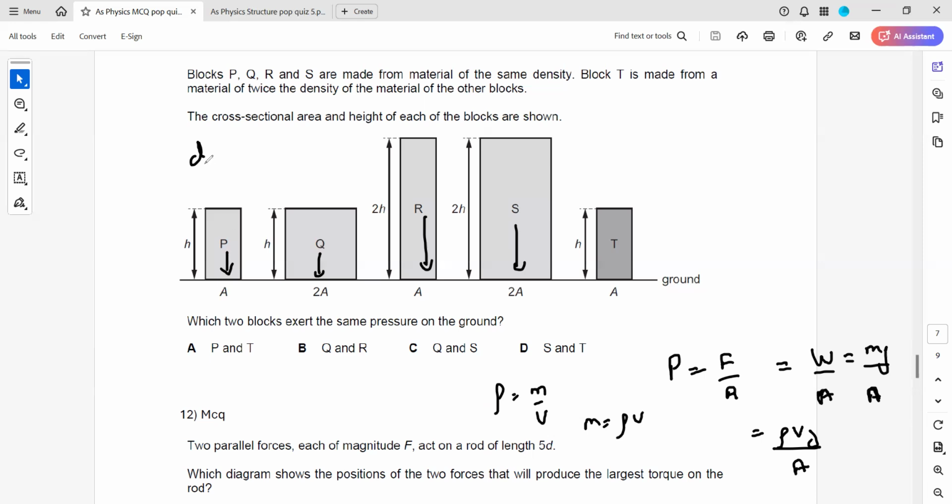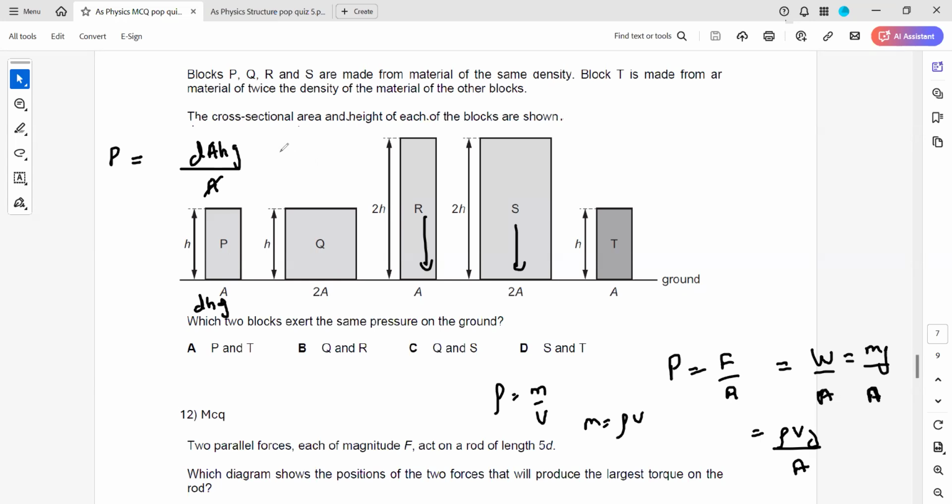Volume is area multiplied by height, so volume will be A times H, because the base area is A and the height is H. Then multiply by g and divide by the base area, because pressure is force acting on unit area. So density times area times height times gravity divided by area. When we simplify, the pressure exerted by P is equal to D, the density, times h times g. That is the expression for pressure by P.